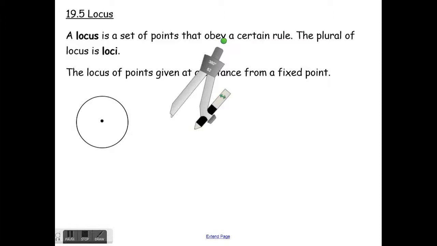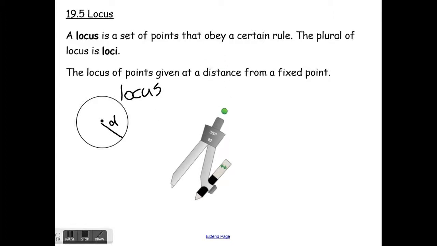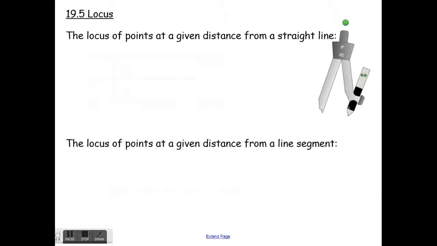So those points are whatever distance we call this. We'll just call that D, right? They're all the same distance from that point. So that is my locus of points for that example. Okay, makes sense? Not too hard yet.